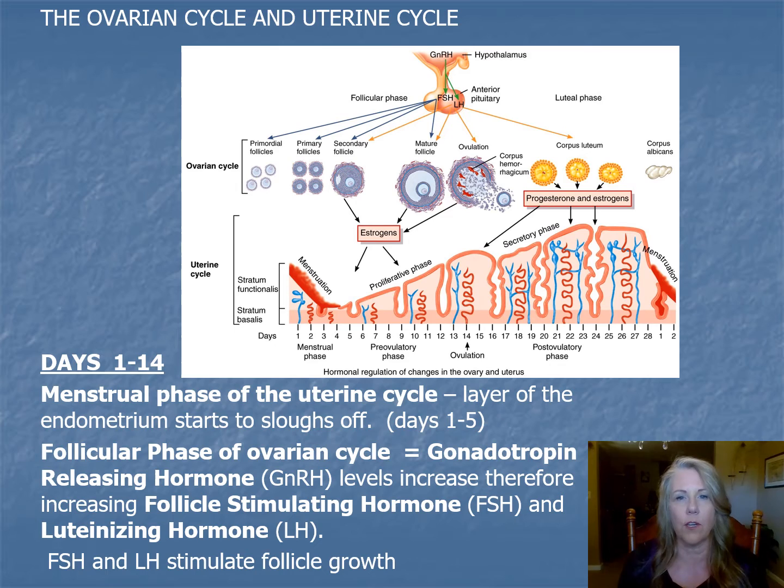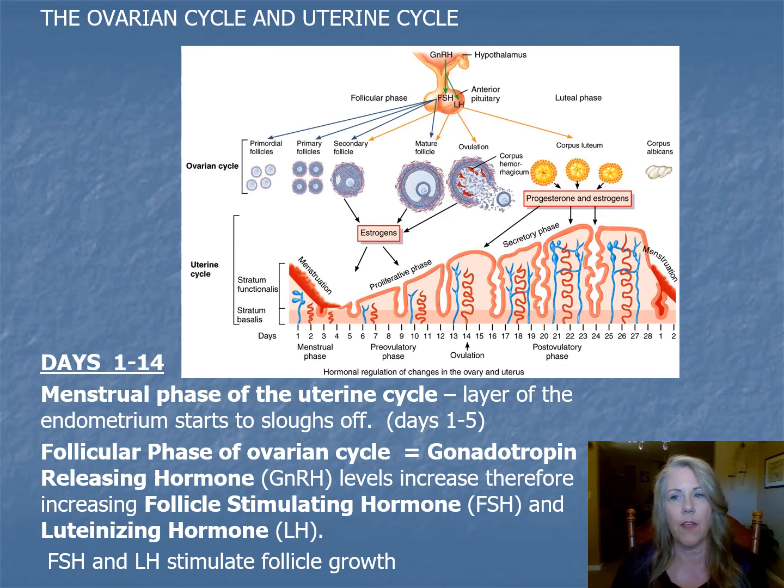Now, if we're looking at the uterus and the uterine cycle, we're in the menstrual phase of the uterine cycle. What's going on? The endometrial layer of the uterus starts to slough off. What does slough mean? Slough is a funny little word. That means that the blood vessels that are supplying the endometrial layer kink and break and completely break apart, and that inner layer will come off.